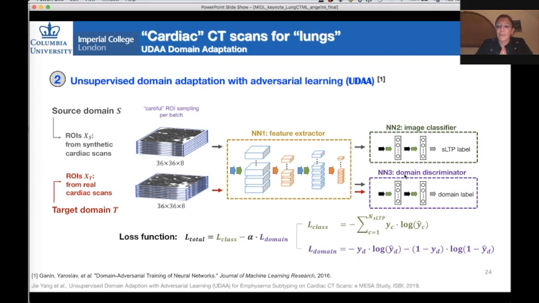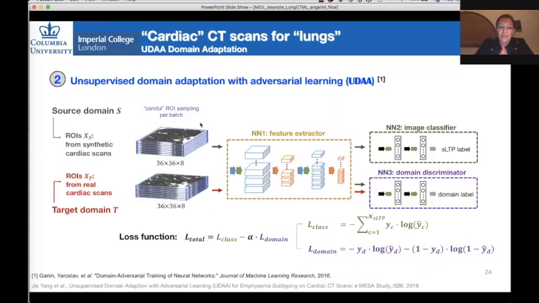And a third neural network, the domain discriminator, which tries to discriminate between the two domains here, the synthetic scans and the real cardiac scans. And the loss function then is a balance between the classification loss and the domain discrimination loss with this parameter alpha.